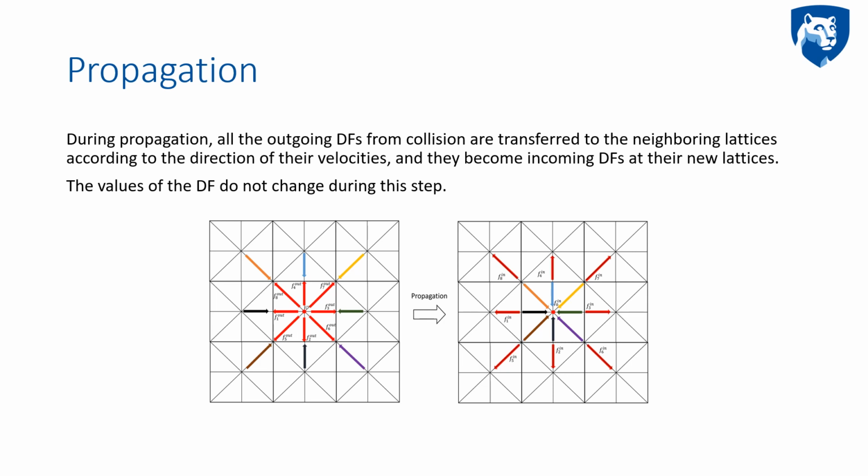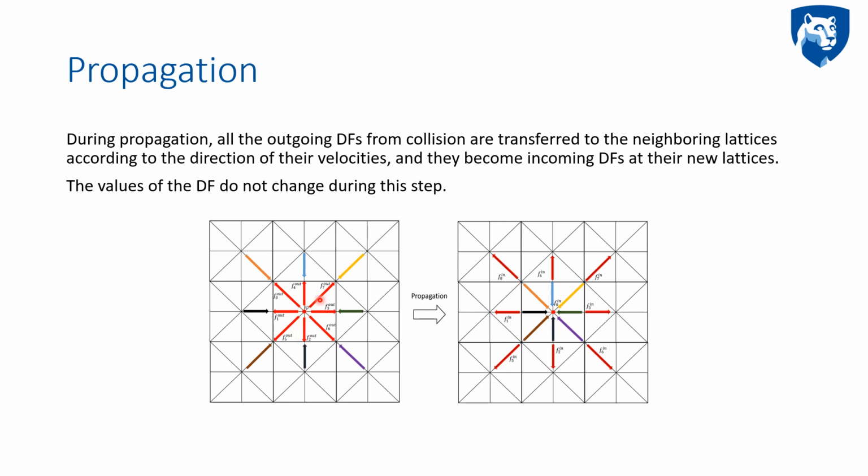So let's have a look at this example right here of a D2Q9 lattice system. We can see that there are 9 distribution functions on this lattice of interest, and they're going to move to their neighboring lattices, according to the direction of their motion. For example, F3 is going to move to the right to this lattice, where it will become the incoming population for the next collision step.